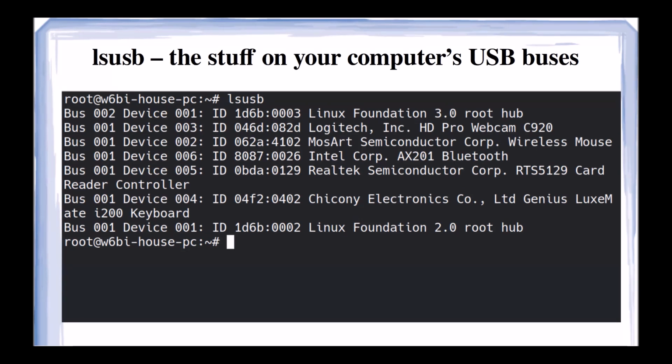On the left is the bus, and there are multiple buses. Right now, you can see most of the stuff is on bus 001, and in this case, one of them is on bus 002, and they all have device IDs after that. Also, you may remember that Ethernet ports have a MAC address, media access control, and it's a hexadecimal number, and the first half of it is always unique to a vendor.